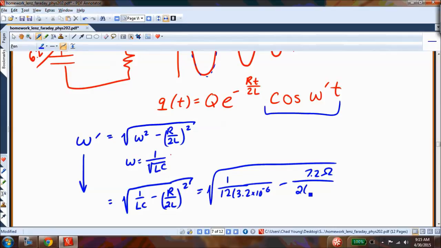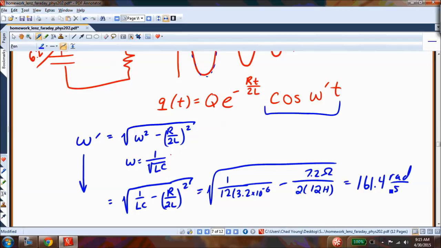And L was 12 henries. So that gives me my angular frequency of the circuit, and I find that to be 161.4 radians per second.